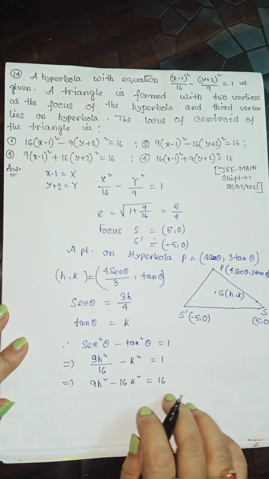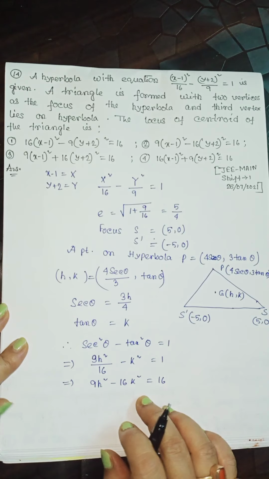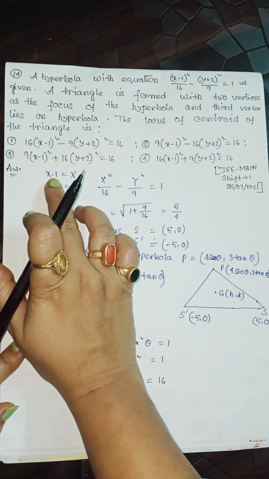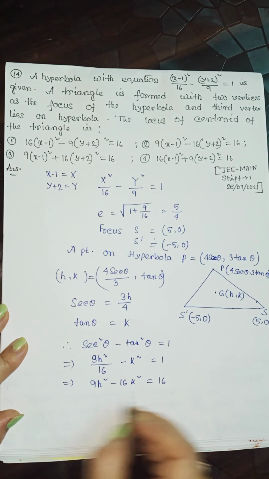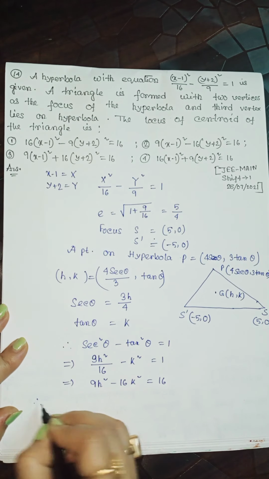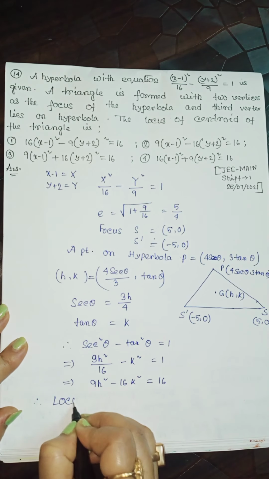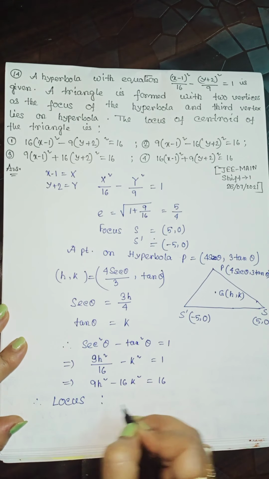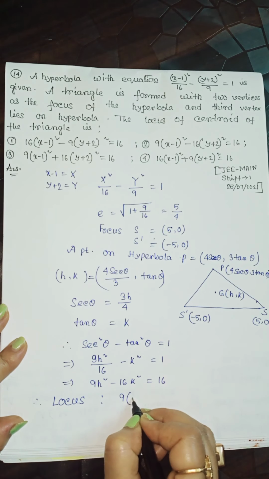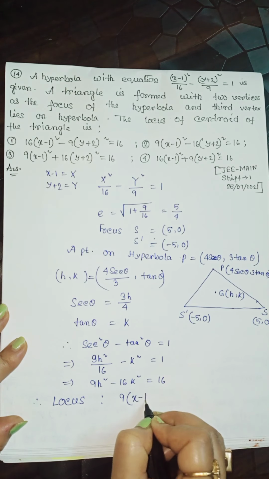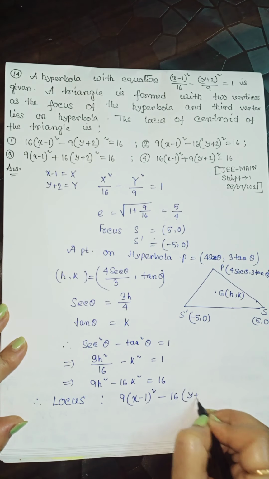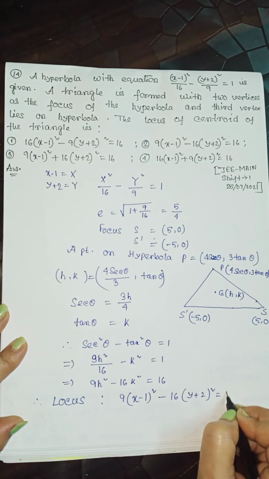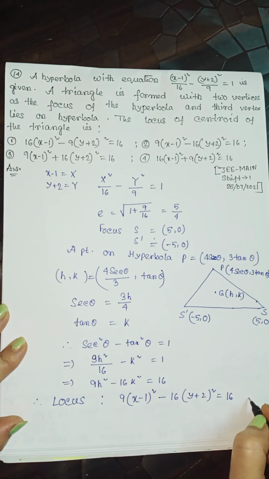As we assumed, x minus 1 is equal to capital X and y plus 2 is equal to capital Y. So finally the locus is 9 into (x minus 1) whole square minus 16 into (y plus 2) whole square equal to 16.